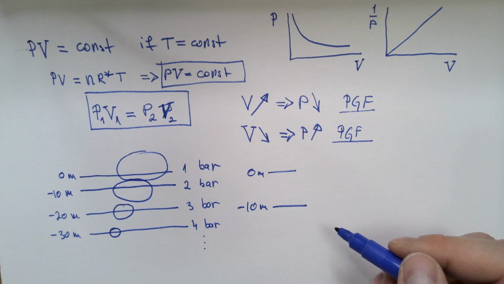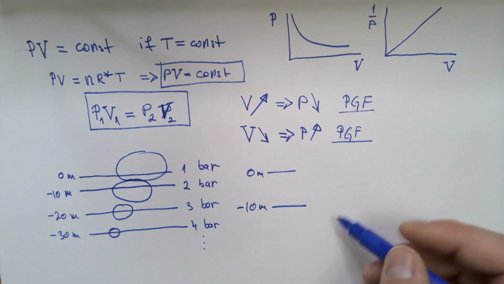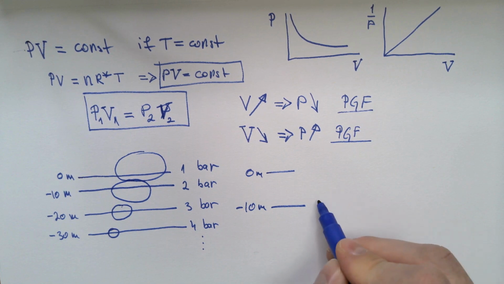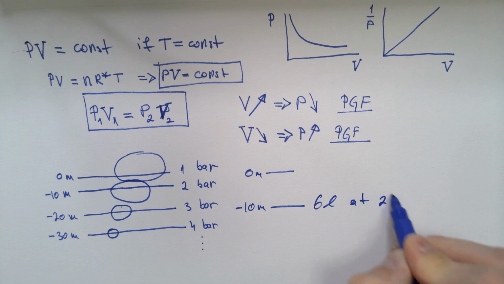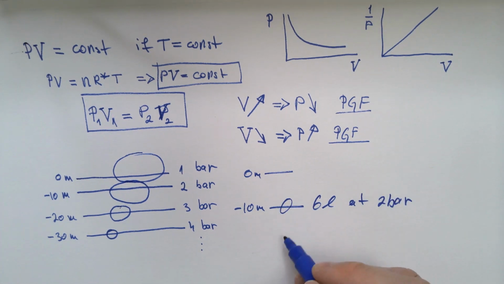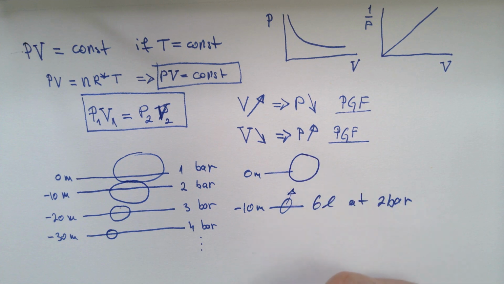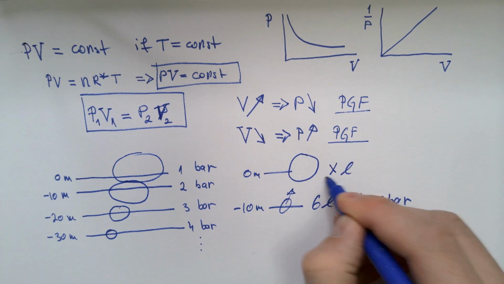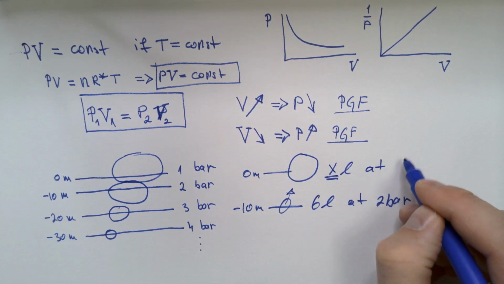Your lungs, well, at least average male lungs, are about 6 liters in volume. So you take 6 liters of air at 2 bars. This is a volume of 6 liters, and now you ascend and you end up at the surface, without releasing air, you're holding your breath. How many liters will your lungs be at 1 bar?